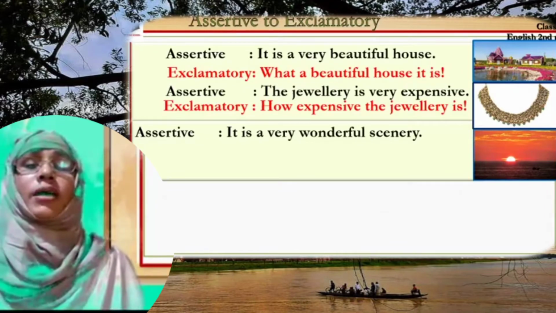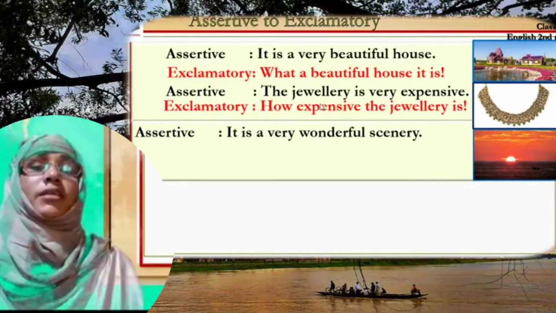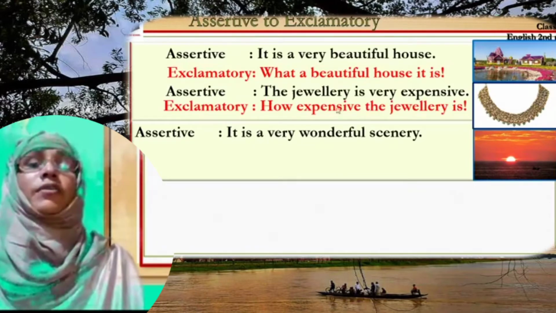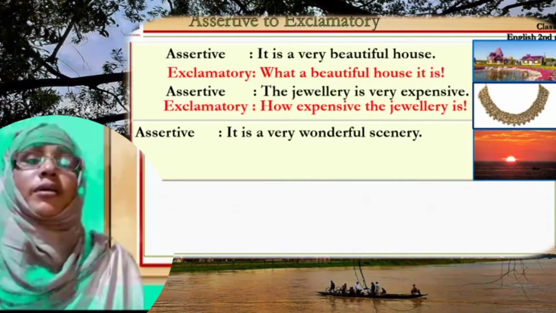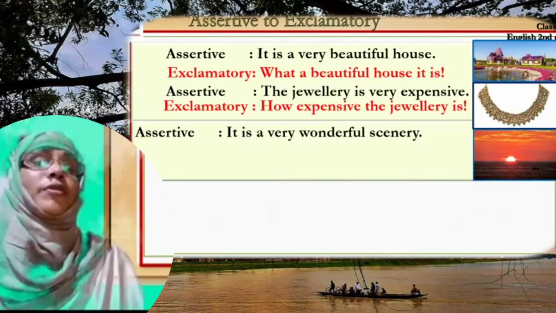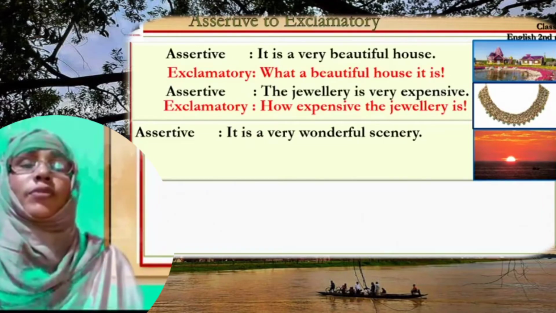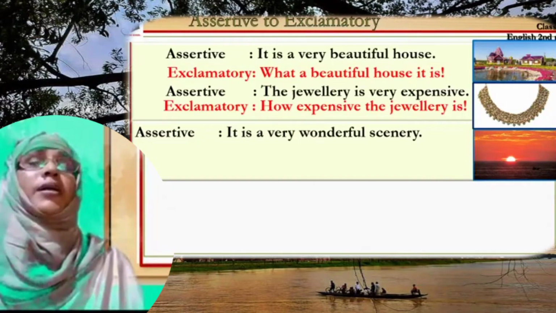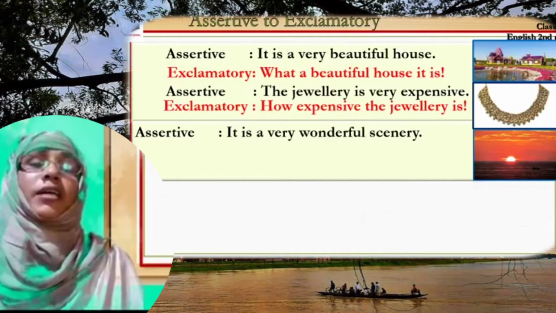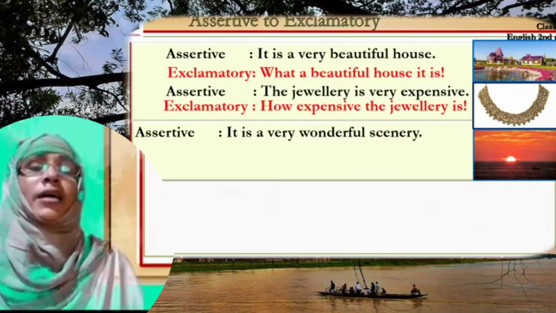আর যদি কোনো আর্টিকেল না থাকে, look at the second sentence, here there is no article. The jewelry is very expensive. For this reason the sentence starts with how, এইজন্য how দ্বারা শুরু হয়েছে। What-এর পরে আমরা অবশ্যই আর্টিকেলটা নিয়ে আসব এবং adjective বা পরের শব্দটা বলে দিবে যে a বসবে না an বসবে। এখানে beautiful word starts with a consonant sound, for this reason a is used.